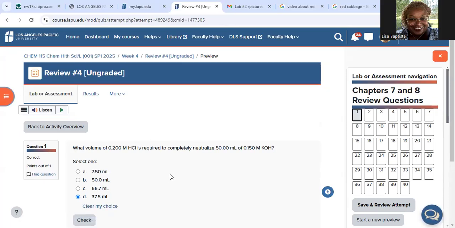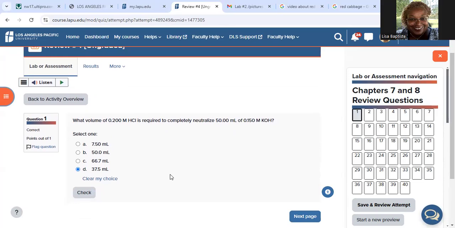If you have questions about the information or about the calculations, like this question number one on the review for week four, I want to go through this one. This one is a calculation. It says, what volume of 0.200 molar HCl is required to completely neutralize 50.0 milliliters of 0.150 molar KOH?